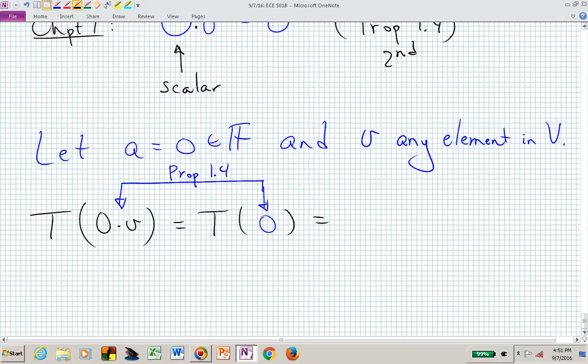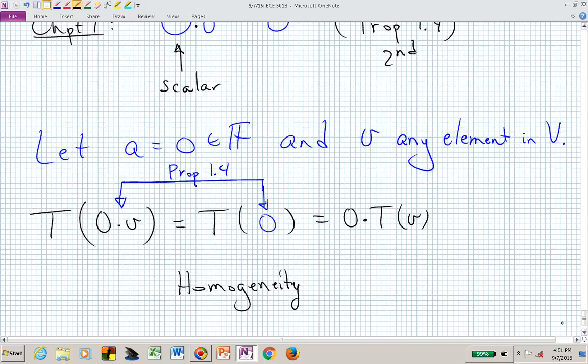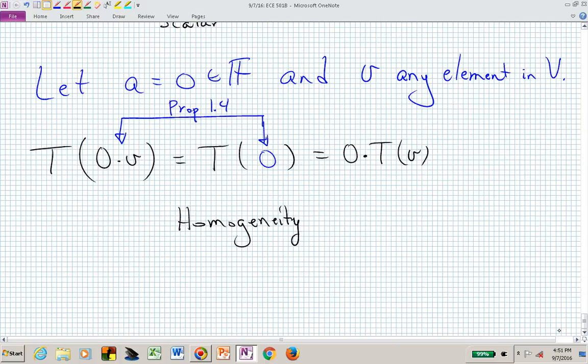From homogeneity, if this is a linear map, what do I know is true? That's 0 times T of v, isn't it? So this piece is the homogeneity property.